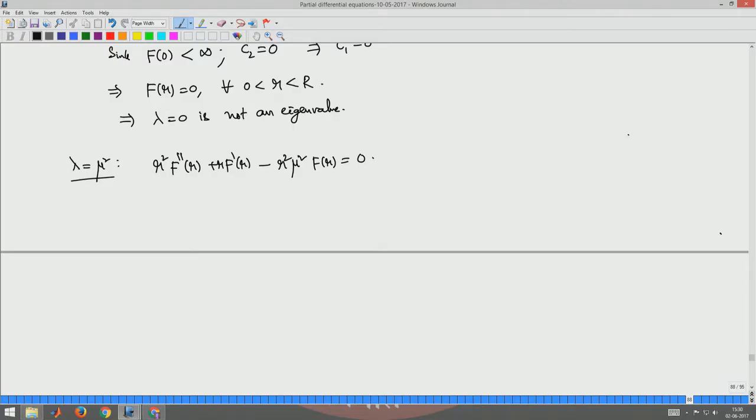So, you bring in a new variable. This is actually a familiar equation, but you change the independent variable, r, which is the independent variable here.